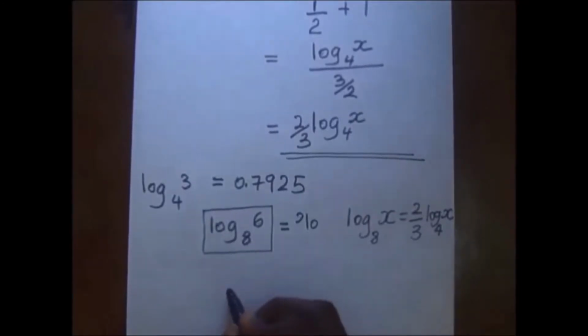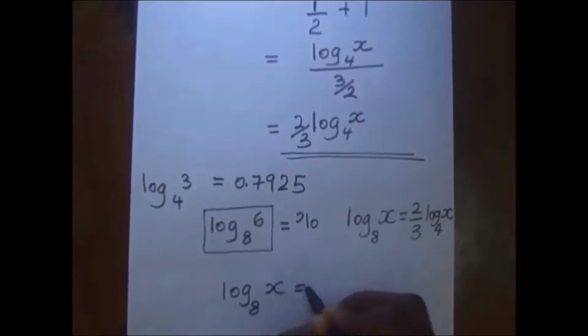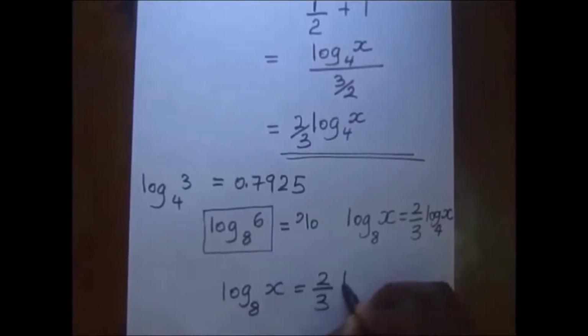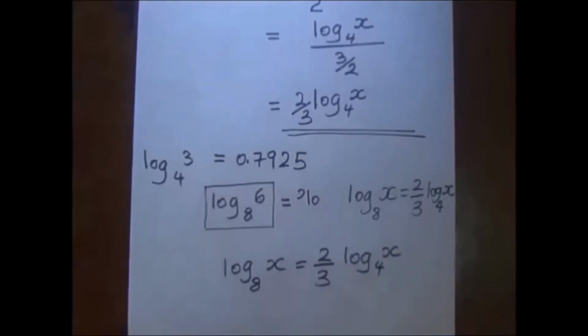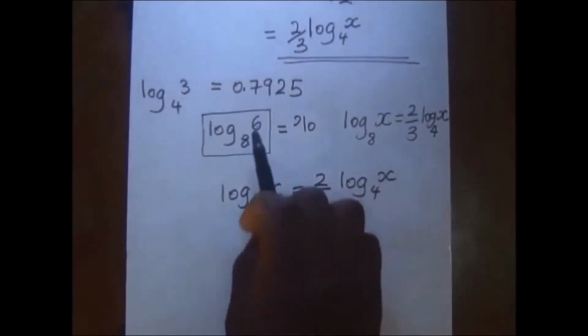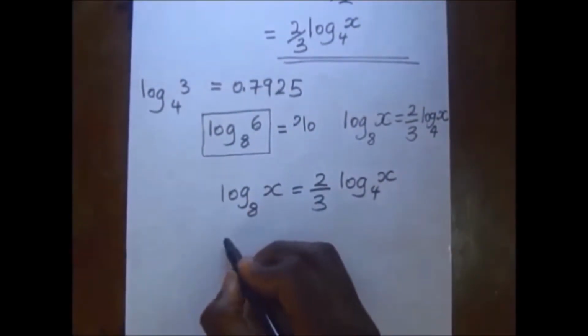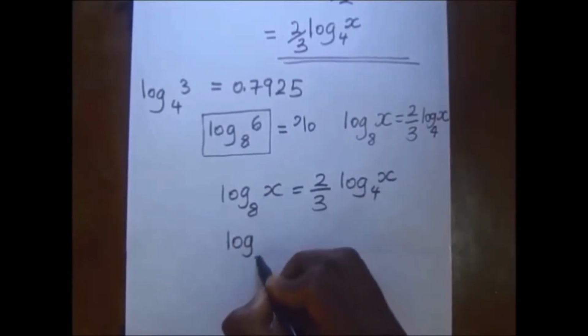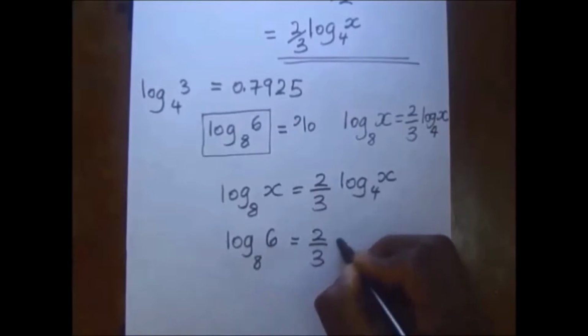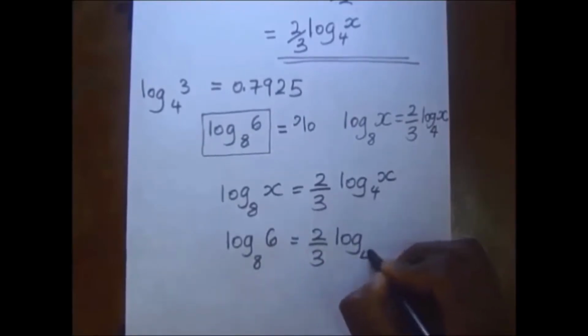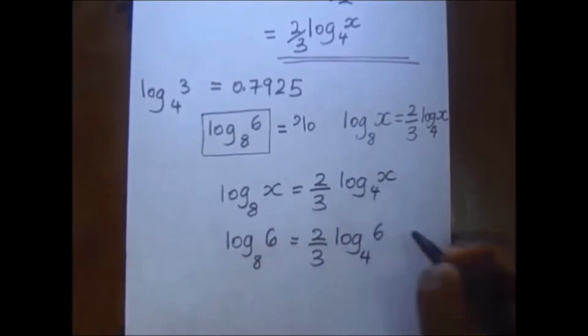So we know that log base 8 of x is equal to 2/3 log of x base 4. And now here the value of x we've been given is 6. So it's going to become log base 8 of 6, giving us 2/3 log of 6 base 4.